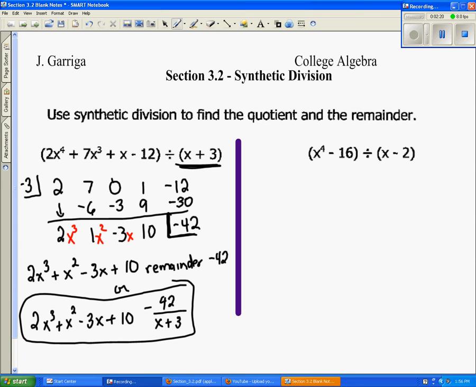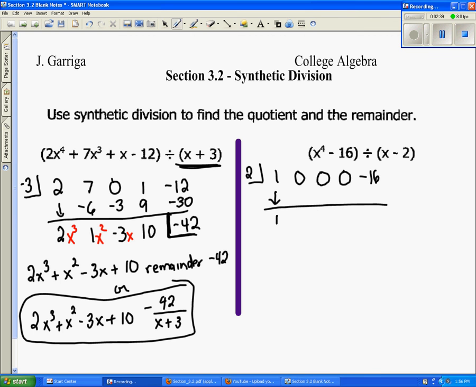Okay? The next one we said always do the opposite of the divisor, so it's positive 2, and then I'm going to go in order. 1x to the fourth, 0x to the third, 0x squared, 0x, and then my constant. I have to put zeros as my placeholders.